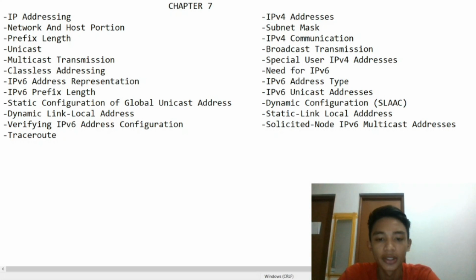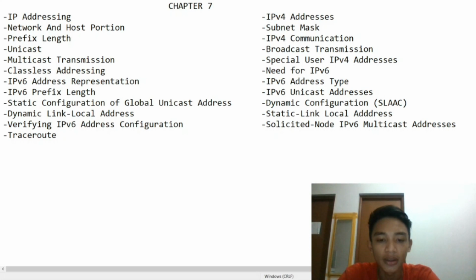Dynamic configuration, or SLAAC, stateless address auto-configuration, is a method that allows a device to obtain its prefix, prefix length, default gateway address, and other information from an IPv6 router without the use of a DHCPv6 server.